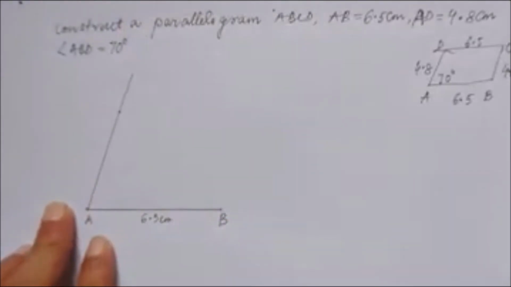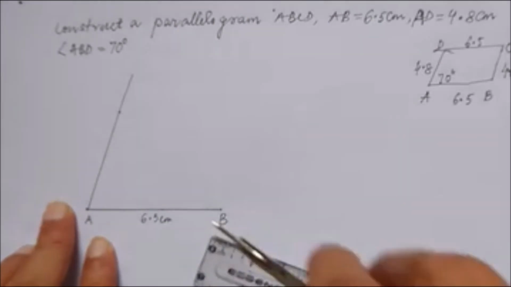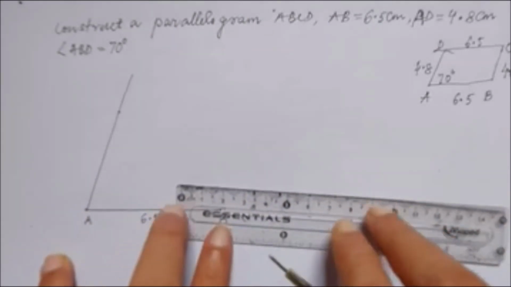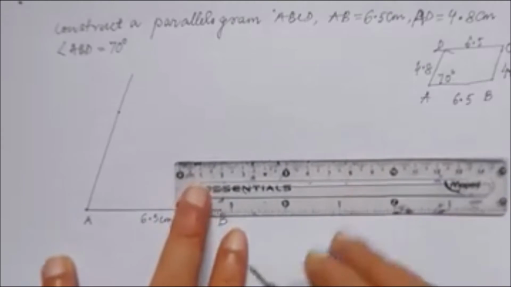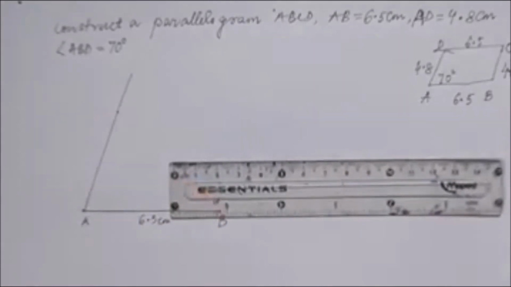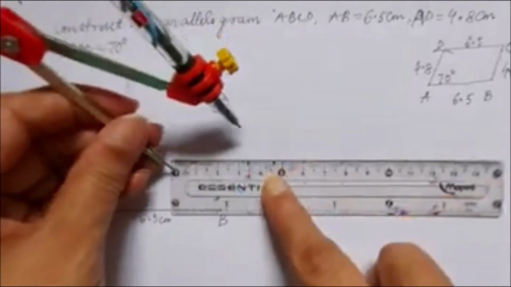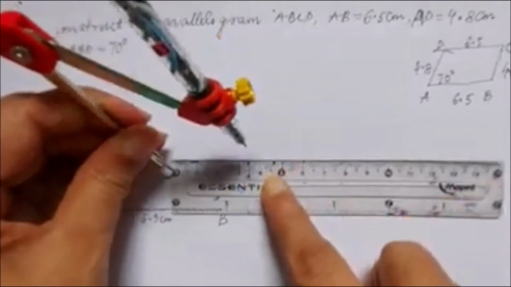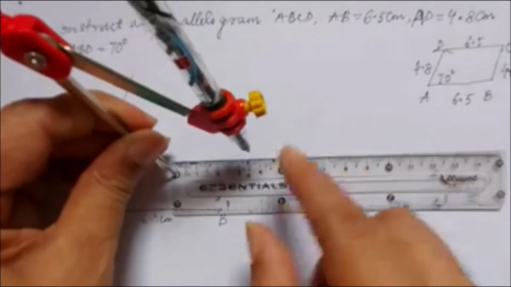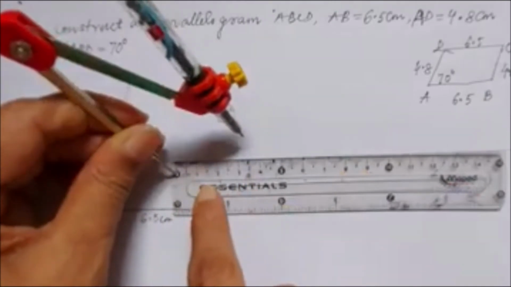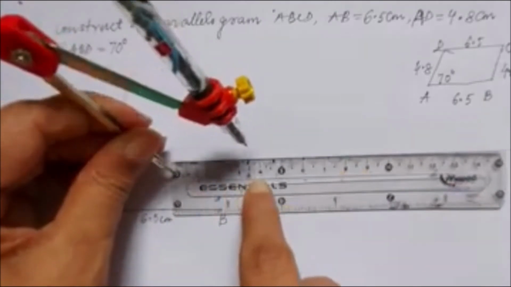Now the length of this side is 4.8. Now let us see how I am taking 4.8 from the scale. I'll put the compass on 0. This is 0 centimeter. Then I'll go for 1, 2, 3, 4, 4.8.